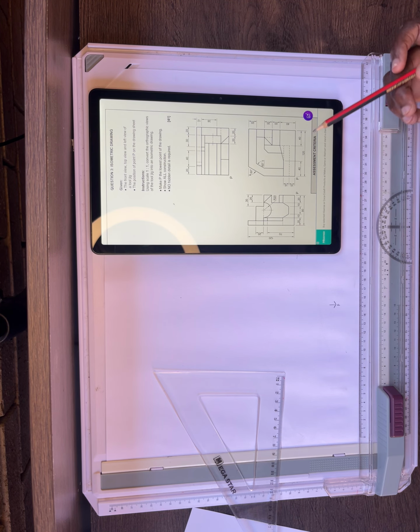Go down like this. Then from here to here, what is the dimension? Remember, if you cannot find it in one view, you have to go and check it in another view. So now if you look from here to here, the dimension is this one, 12. Then you're gonna just drop it down like this. Then you measure the 12.